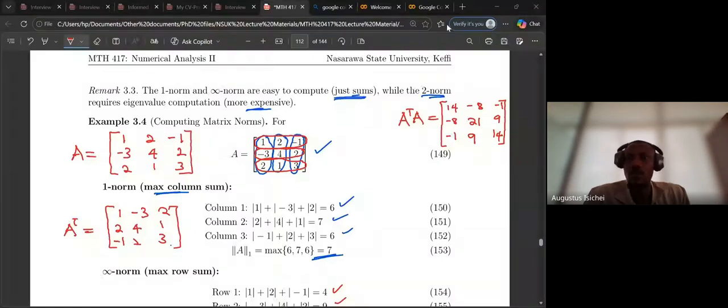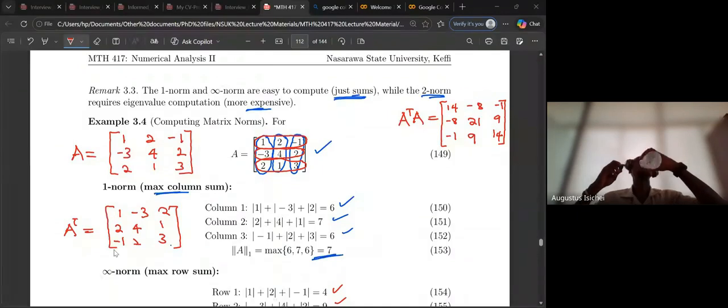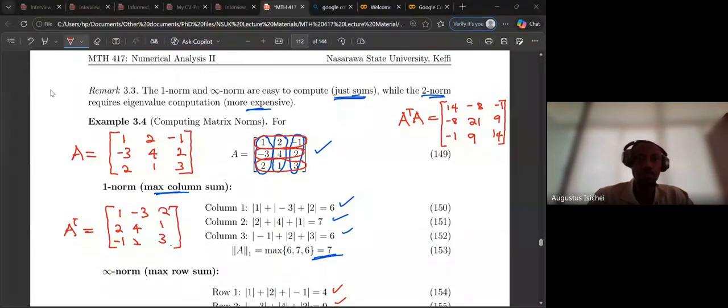Sorry, let me just open Google Colab here. So I'll be sharing a different screen now.